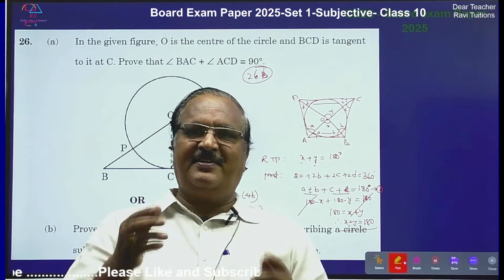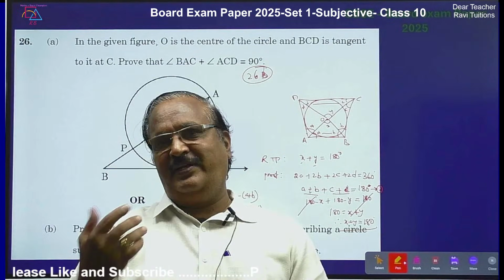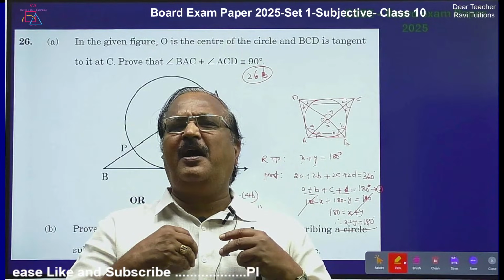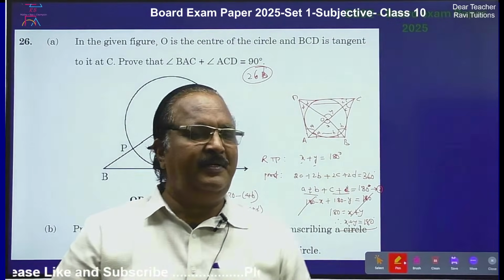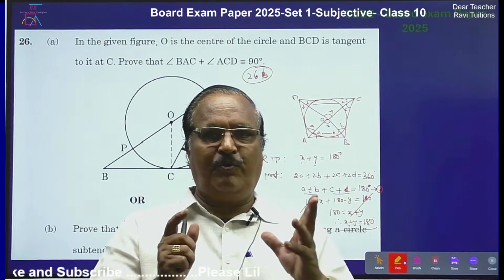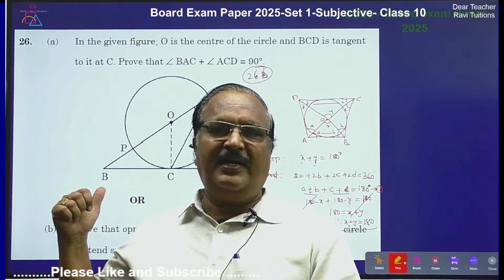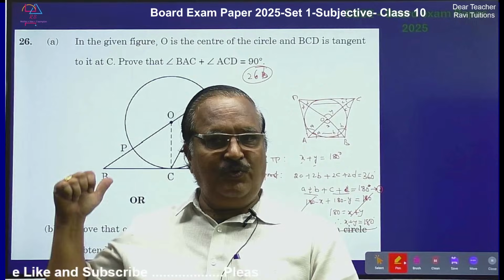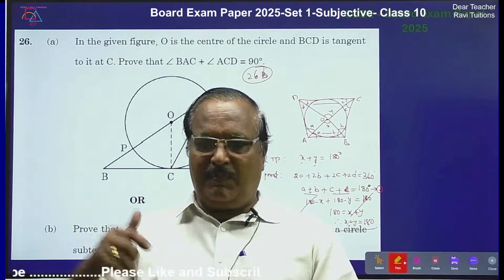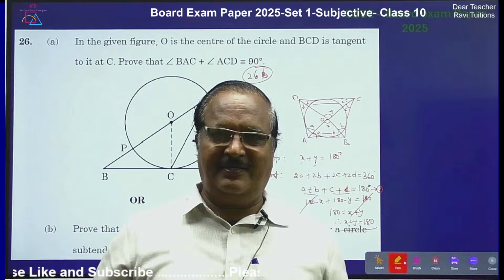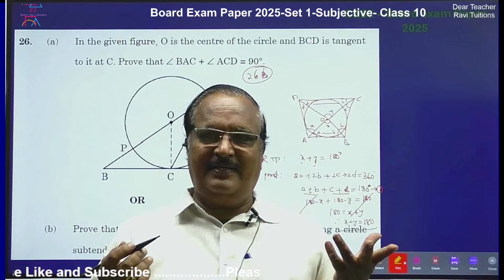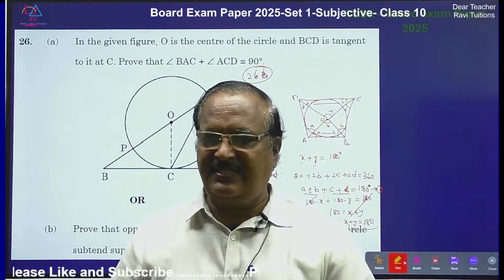So 20 days of December, January 30 days, 40 days are there. In these 40 days you can revise comfortably. By revising, you will definitely get good marks if you have a proper strategy. You have to do the board examination question papers to understand what strategy CBSE is applying to give you a paper. If you understand the mindset of CBSE, then definitely you will get the solutions, right?